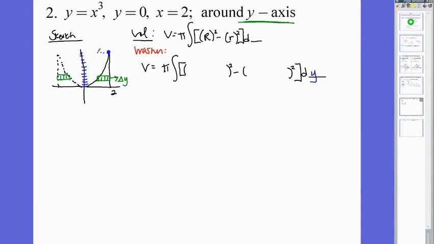But the problem is that we don't know that top value on the y-axis. But what we do know is that our x value is 2. And if our x value is 2, then our y value must equal 2 to the third power. So our y value is 8. So our limits of integration are 0 to 8.